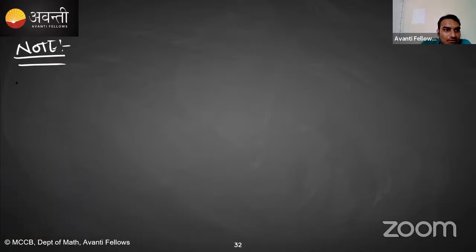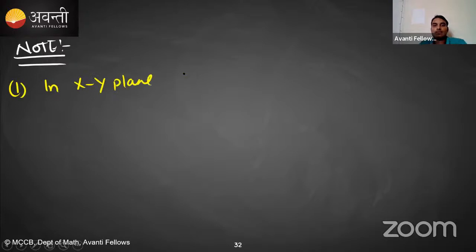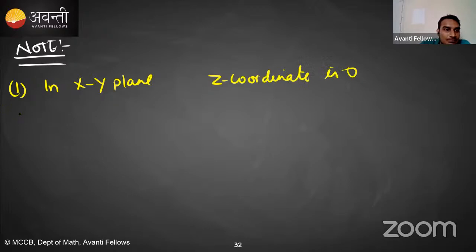First, in the XY plane, the Z coordinate should be 0. It is the XY plane, so the Z coordinate is 0.